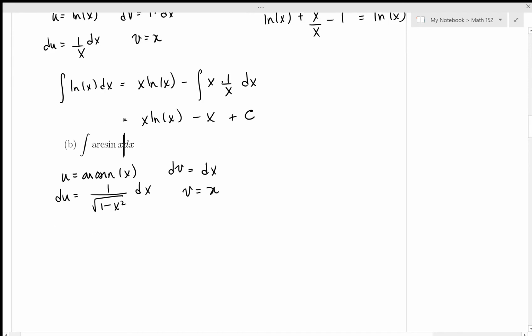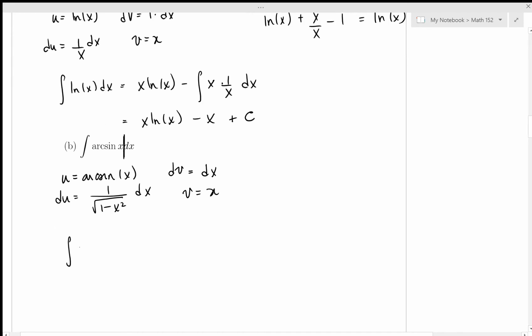Okay, I employ the by parts formula. The integral of the arc sine of x dx is equal to uv, that is x arc sine x, minus the integral of v du, and that is x over the square root of 1 minus x squared dx.